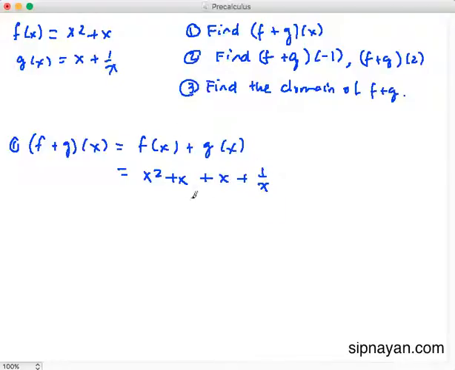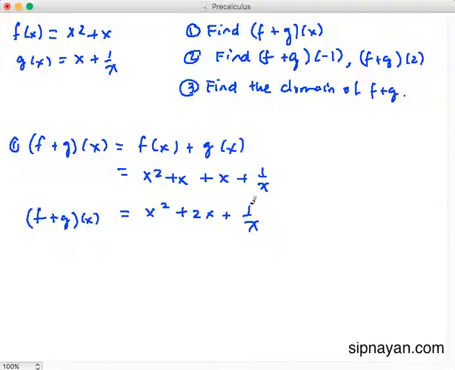Pag nag-add, nag-subtract, nag-multiply, o nag-divide ng functions, kung may pwede kayong i-simplify, pwede nyo rin i-simplify. So here, for example, yung dalawang x na yan, pwede natin yan pagsamahin. So, magiging x squared plus 2x plus 1 over x. Yan yung f plus g of x.